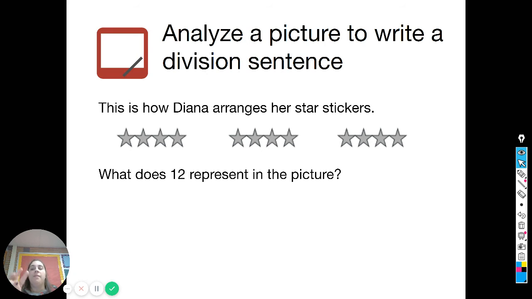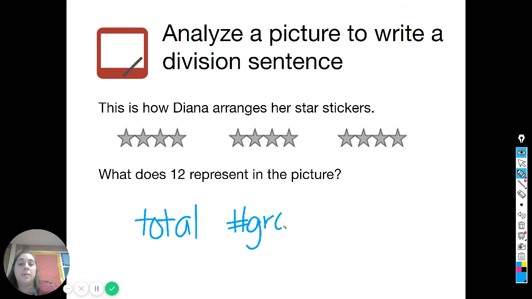Okay, so we have 3 options. 12 either represents the total, the number of groups, or the size of each group. So I want you to pick one of those 3. Write that on your board and hold it up.